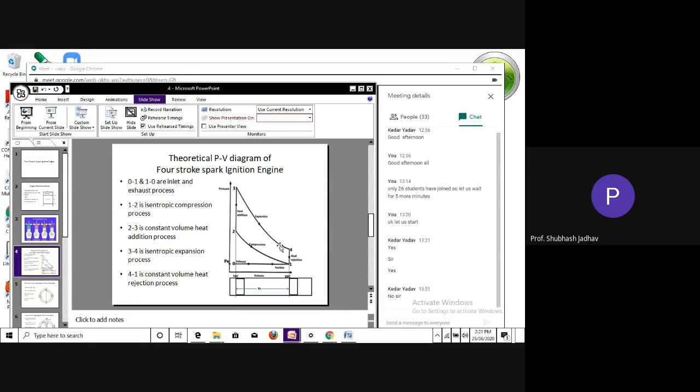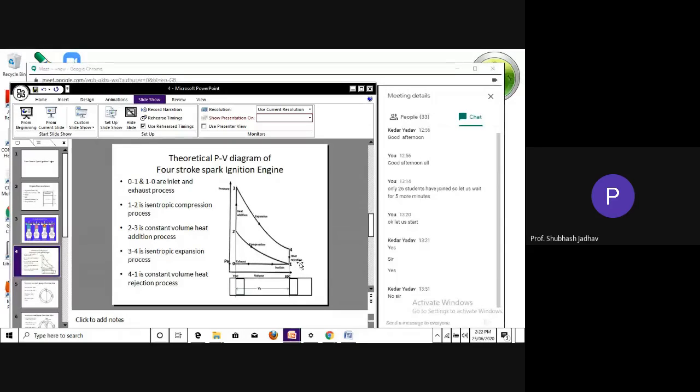So here we have that particular process added. This is an imaginary process added in the cycle. If the exhaust was to happen, then we should have considered this line from here, like this. But again, it would be wrong, because these things are happening at atmospheric pressure. Why is this happening?